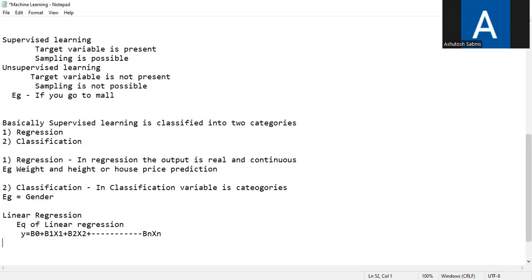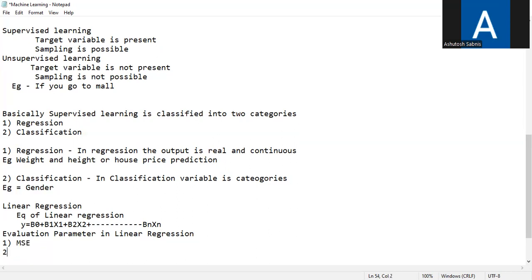In linear regression there are some evaluation parameters that we will see. Evaluation parameters in linear regression. First one is MSE, mean square error. Second one is RMSE, root mean square error.